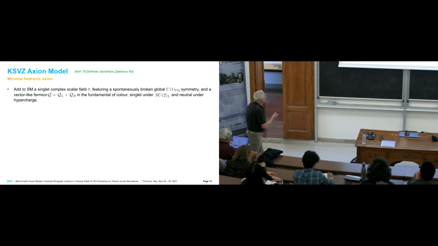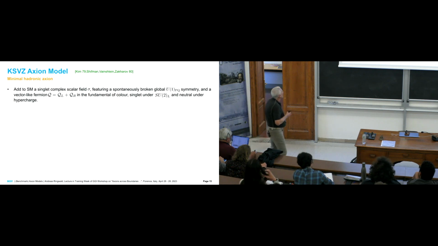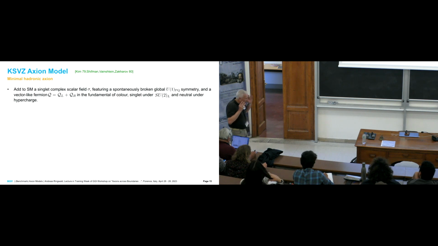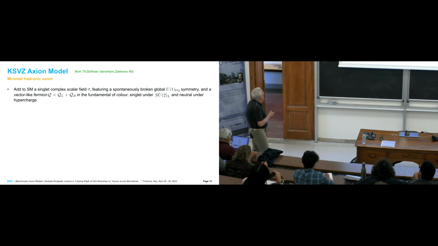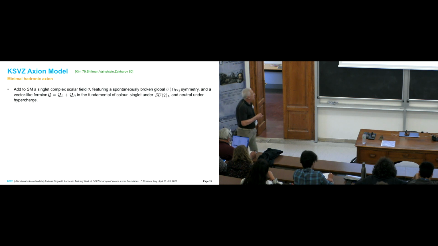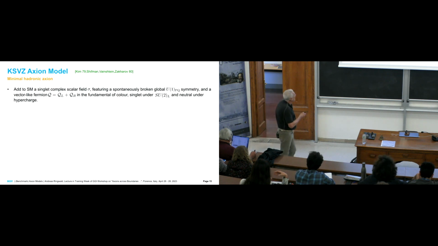Now this simplest model, the so-called KSVZ axion model, is based on a minimal extension of the standard model. One adds to the standard model a singlet complex scalar field sigma, which features a spontaneously broken global U(1) symmetry, and a vector-like fermion in a fundamental of color and singlet under SU(2)_L.